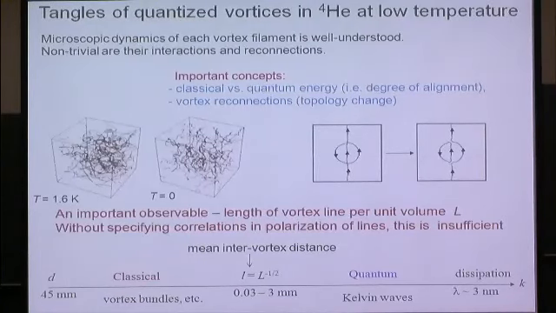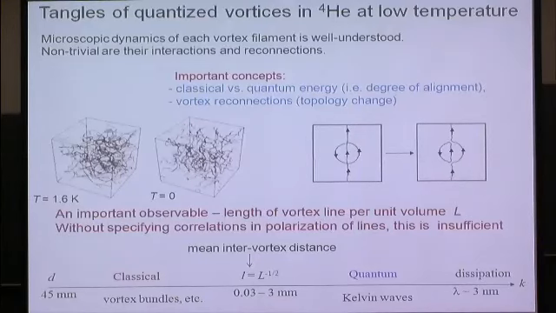If you don't know what the correlations between polarization of vortex lines are, you really don't know much. And basically, this parameter L is not conserved. There are no conservation laws about that. But the energy is conserved, and the momentum is conserved, and angular momentum is always conserved in some localities. So these are integrals which will change the dynamics of these tangles depending on how you prepare them.